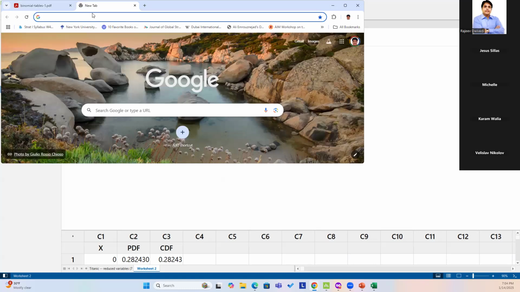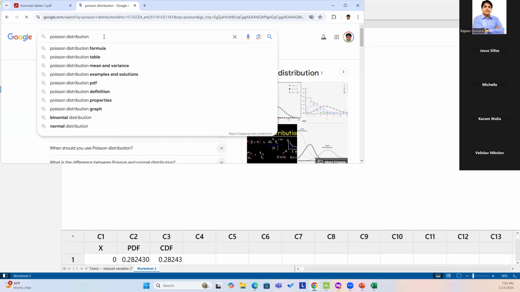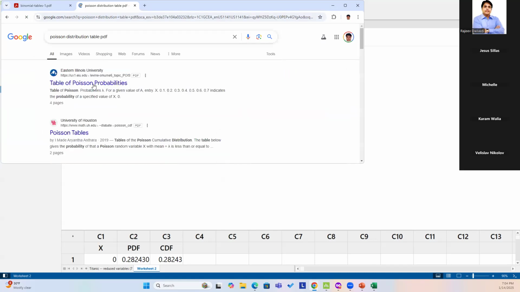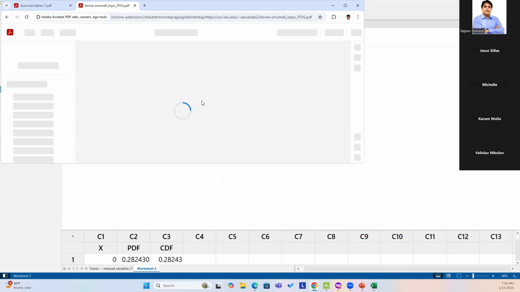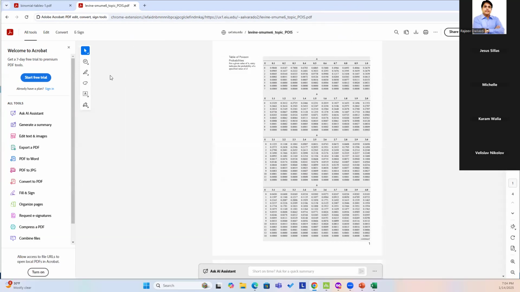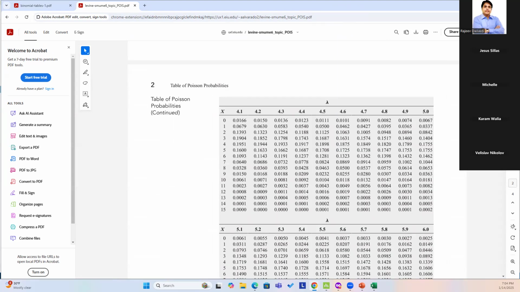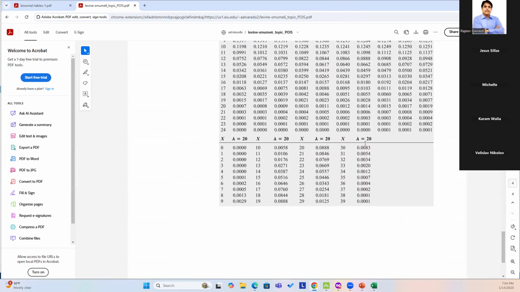Now you can see this. Here you see the lambda values: 8, 9, 10, up to lambda equal to 20.